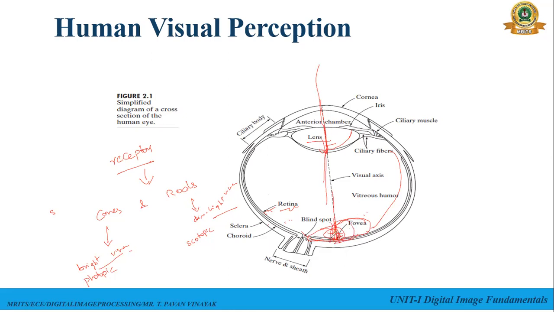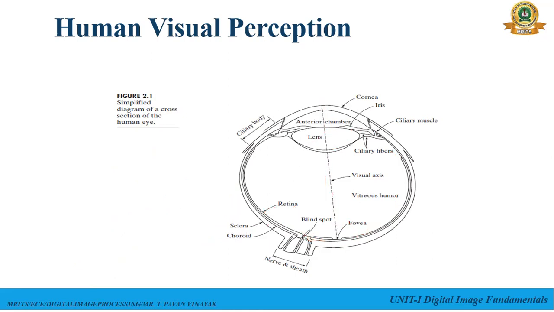The fovea region consists of cones and rods. Cones are used for color vision. Rods are used for dim light vision. Then here there is one more thing, the blind spot. What is the blind spot?